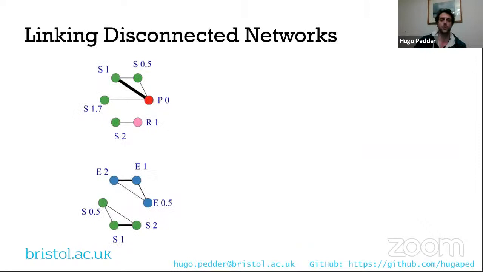Another function of the package that we've been looking at recently, and we've just published a paper on, is that it can be used for linking disconnected networks, which can be a real problem in health technology appraisals. These are two example networks here. Let's say we wanted to compare the treatments in each network indicated by the dotted red line.